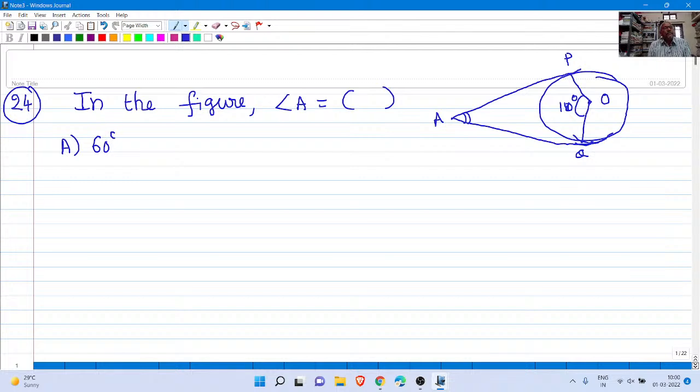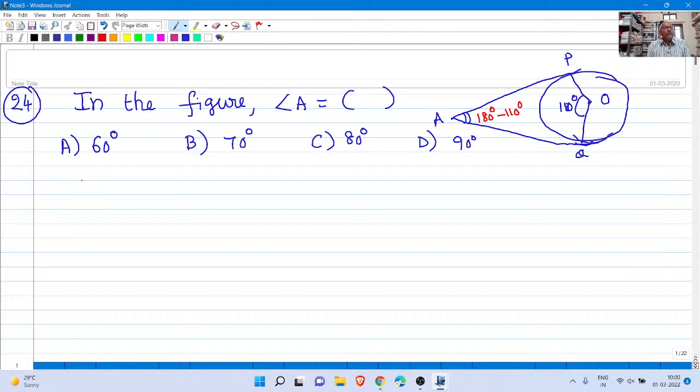A is 60, B is 70, C is 80, D is 90. So my dear students, here A is nothing but 180 degrees minus the opposite angle, 110 degrees.